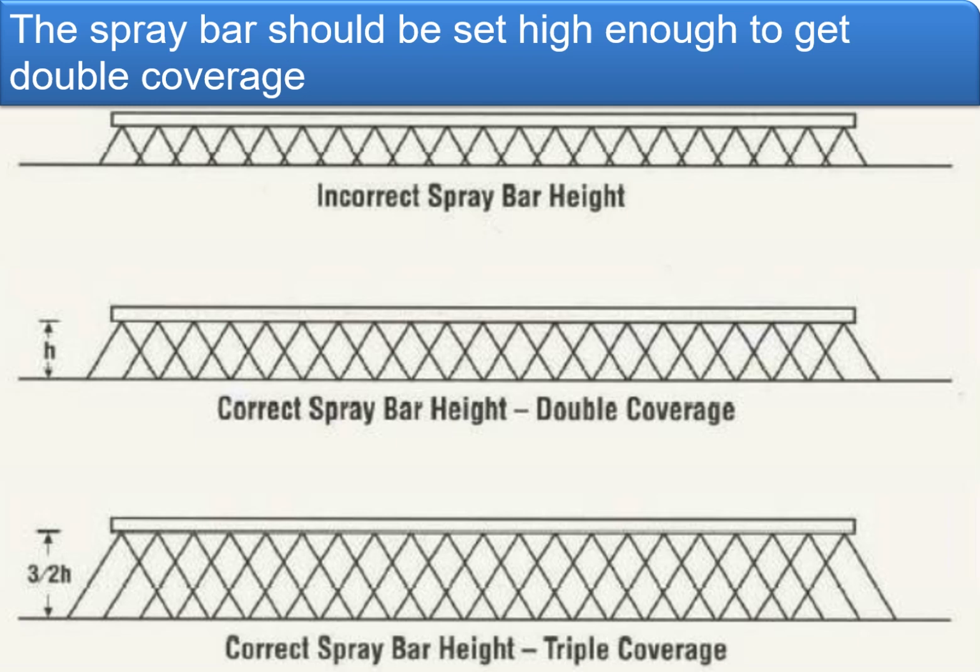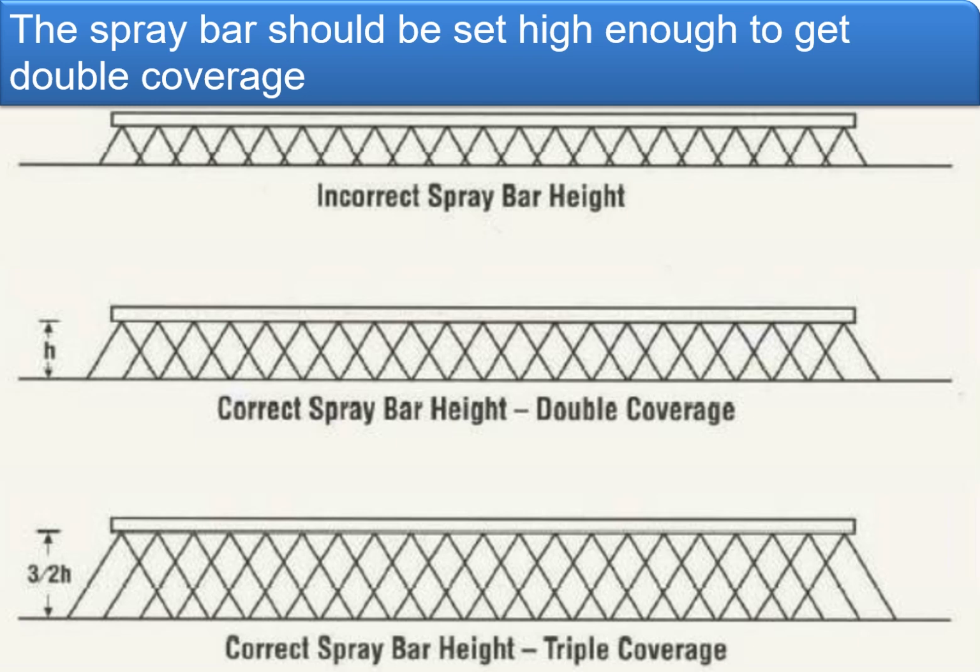So in this way you can always speed up the process of application also. Or otherwise, if the double coverage height is considered as edge, then if you keep the spray bar at 1.5 times the edge, you will get triple the coverage.